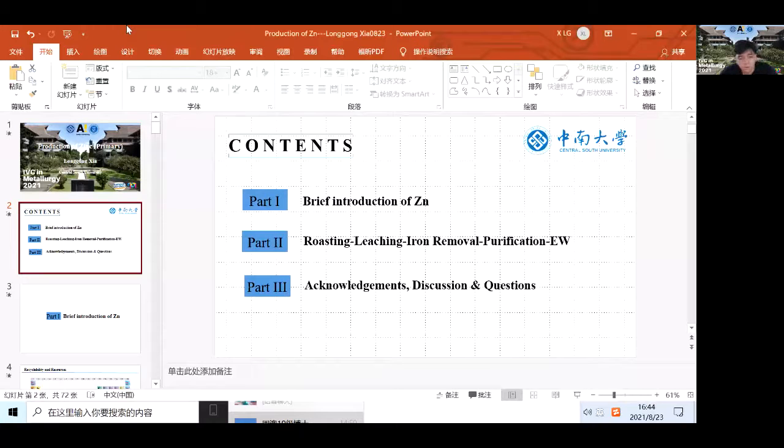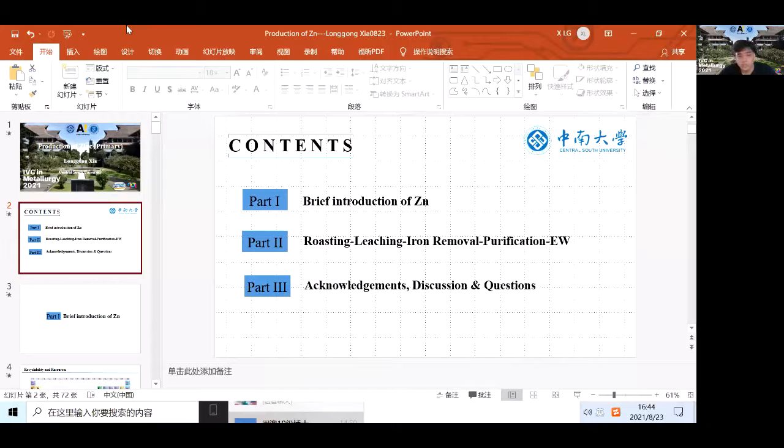Hello, Longgong. My name is Fauzi, and I'm from ITB. Firstly, thank you very much for delivering this interesting course. I have a question regarding the electrowinning process. What is the reason why we use rolled aluminum and lead-silver alloy plate as the cathode and anode?